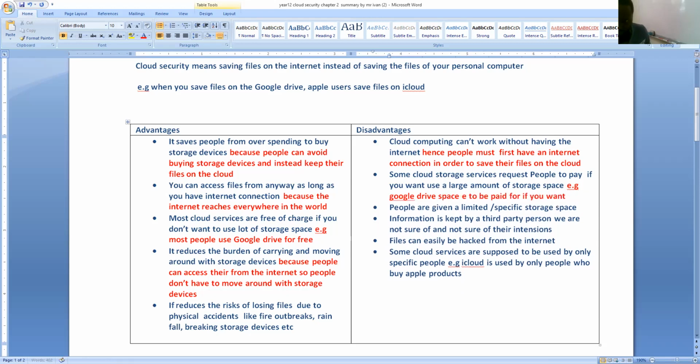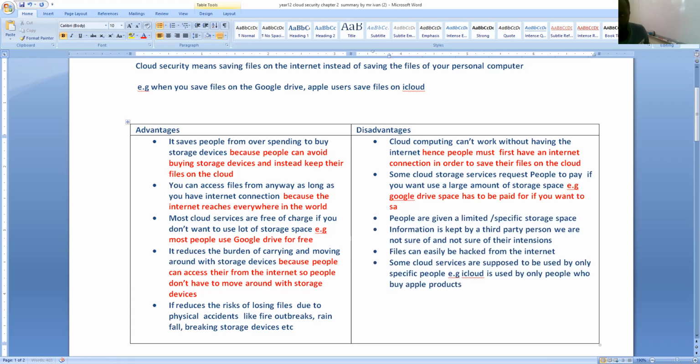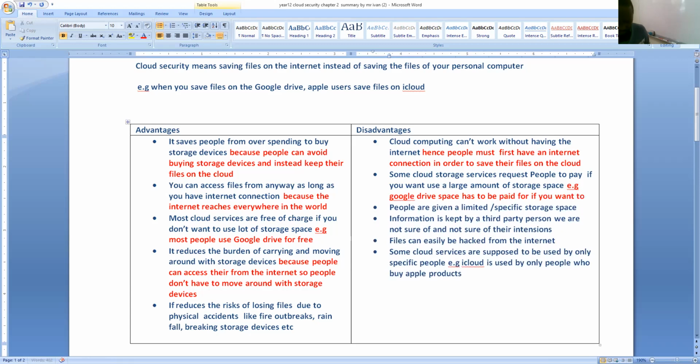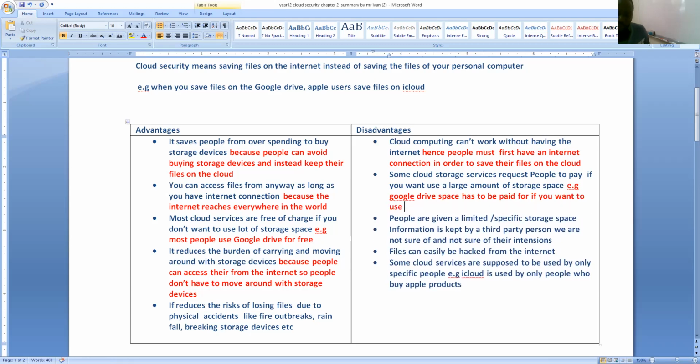Google Drive space has to be paid for if you want to use 15 GB and above.